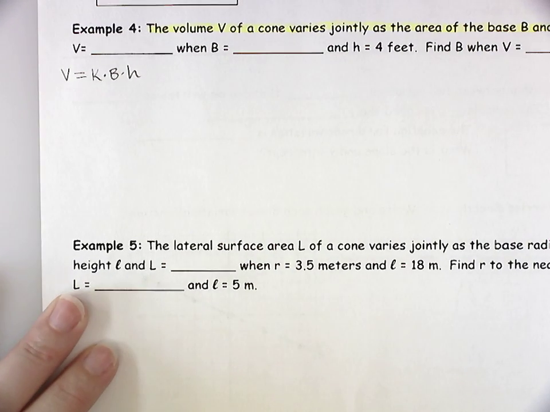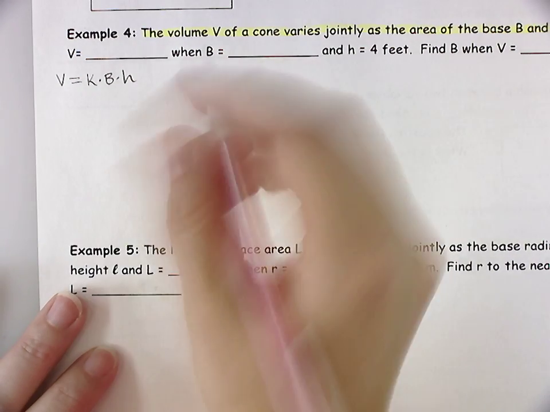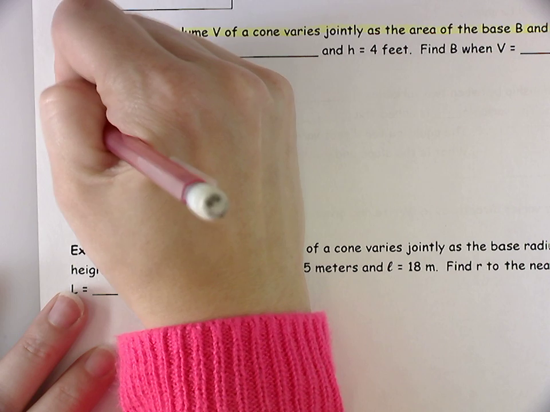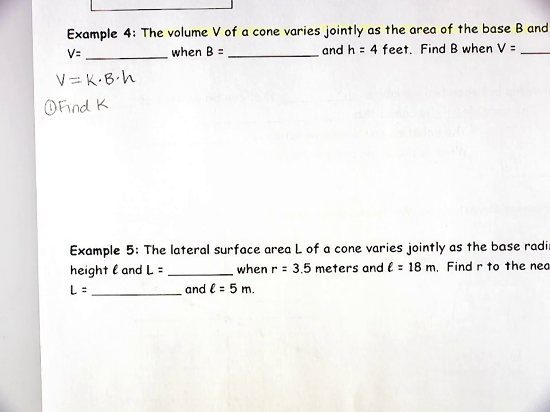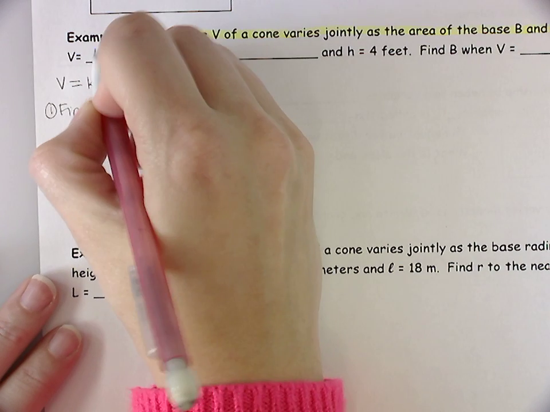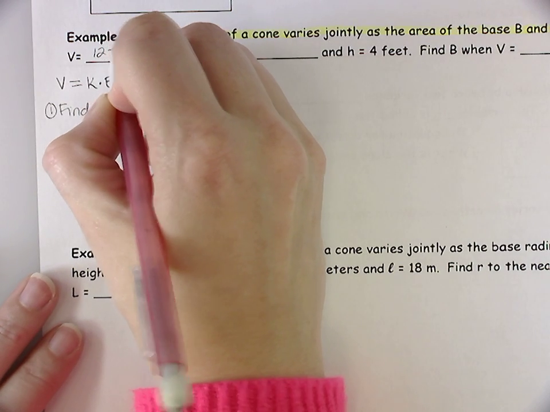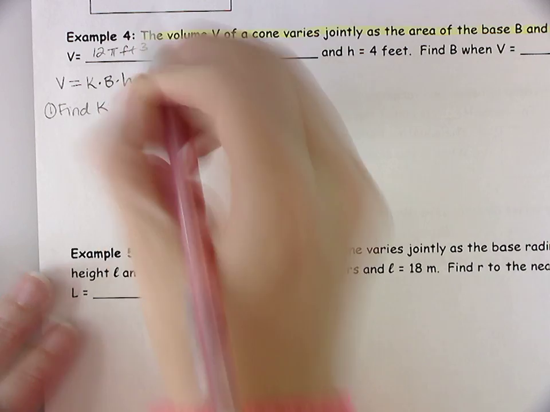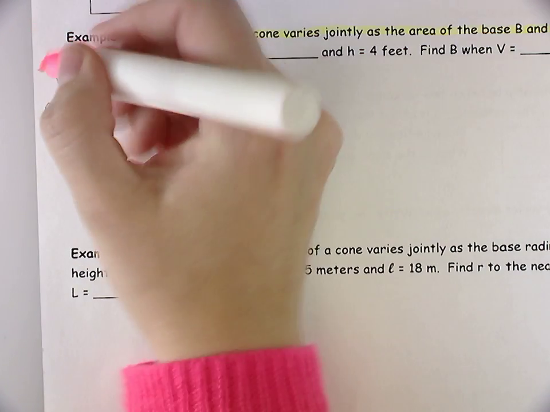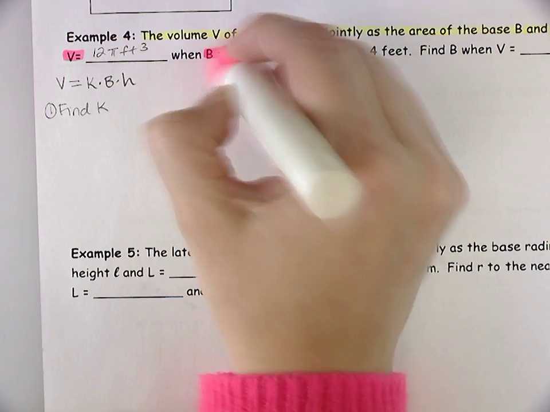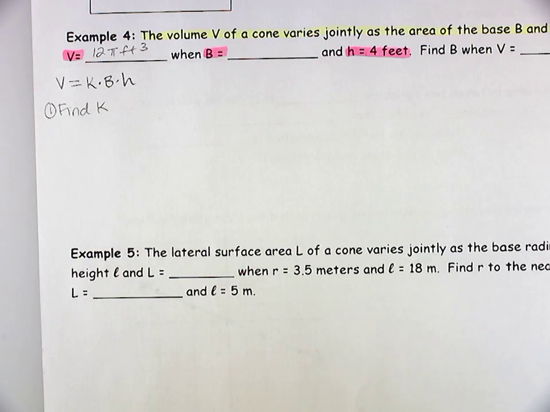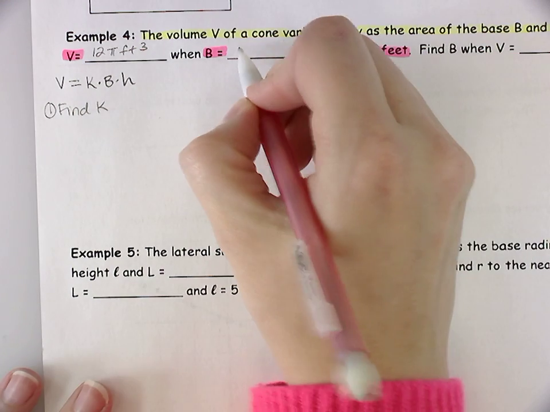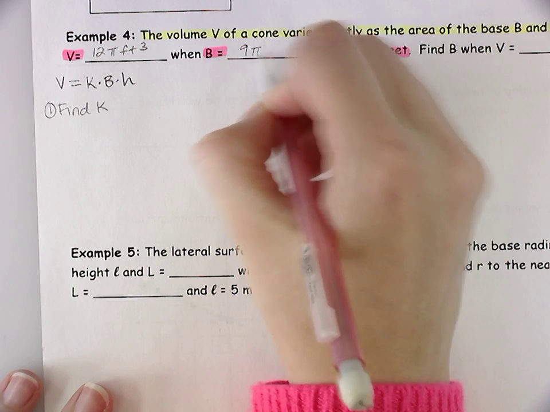Then what we're going to do is find k, and to find that, we use the values I gave you. The volume was 12 pi feet cubed when B was 9 pi feet squared and h was 4.